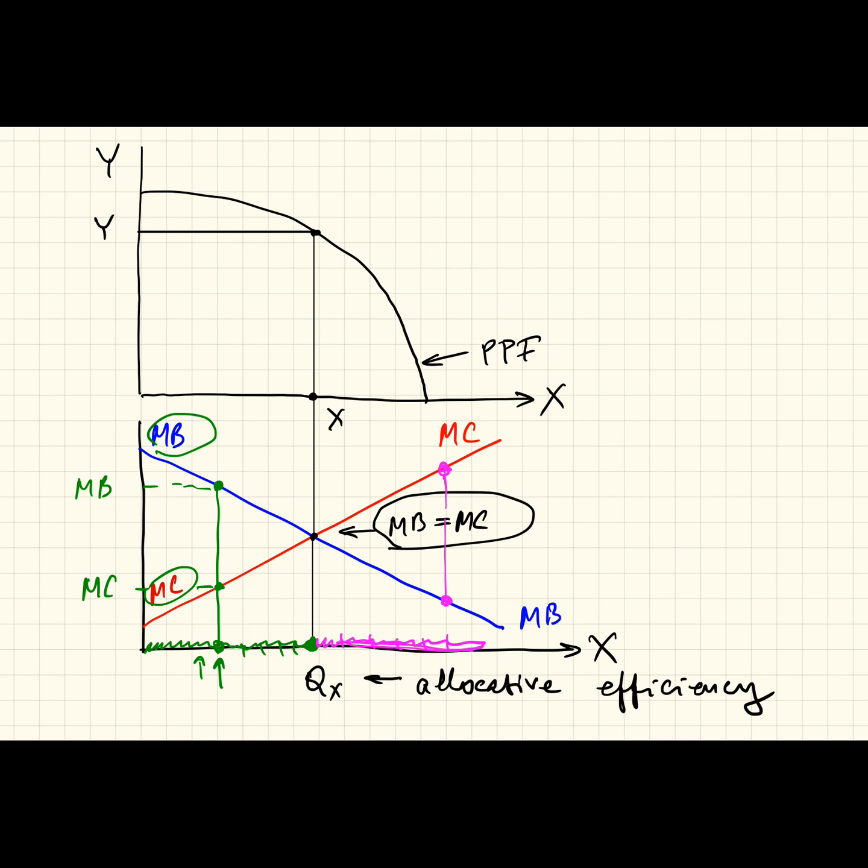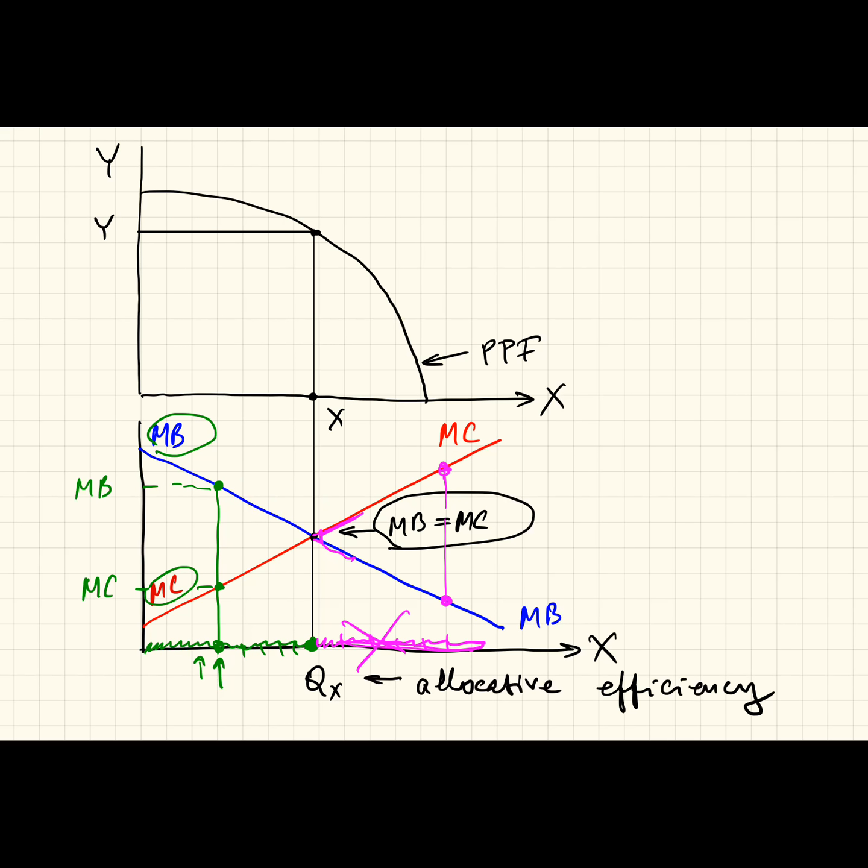So you don't want to produce any of those units starting from this one. No matter how small the difference is, still marginal cost here exceeds marginal benefit. So that's why you don't want to get into this area when producing and consuming stuff.